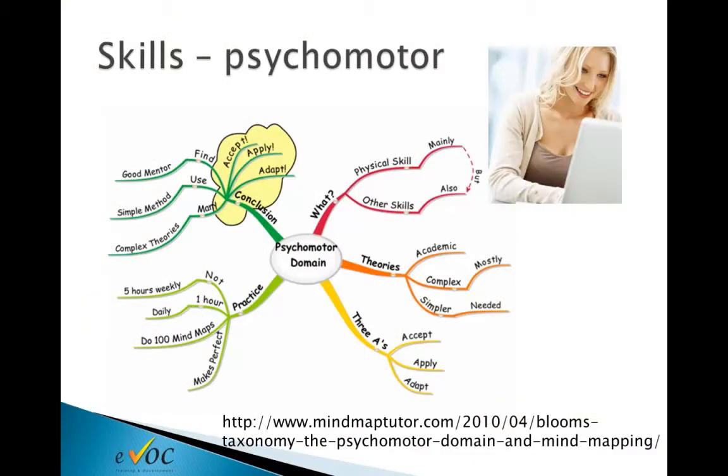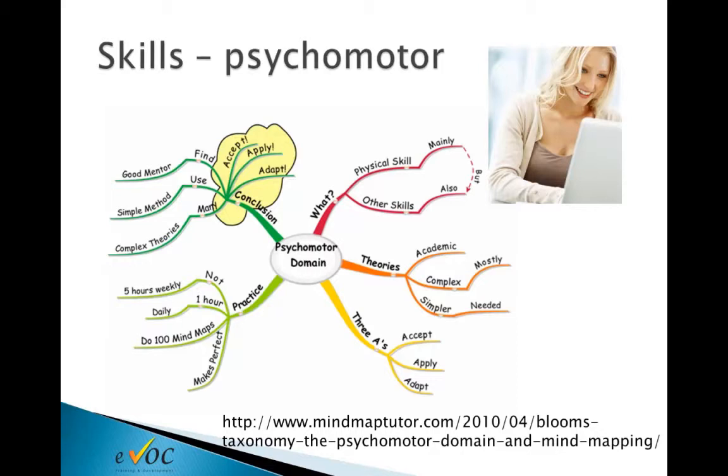So skills, we tap into the psychomotor area of the brain. Okay, with this, I'd like you to appreciate this mind map that was developed, and I do have a link there for you, mindmaptutor.com. This is a great way to tap into your visual learning style and take a very complex concept and just break it down visually, piece by piece.